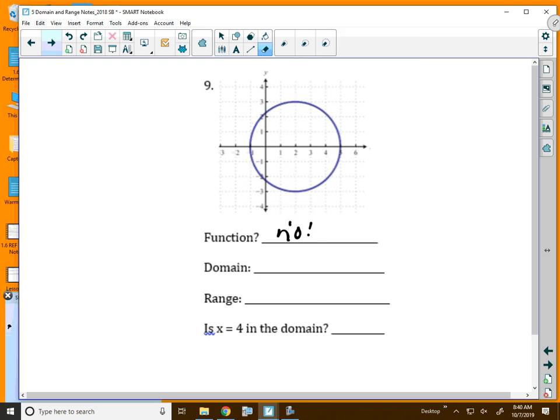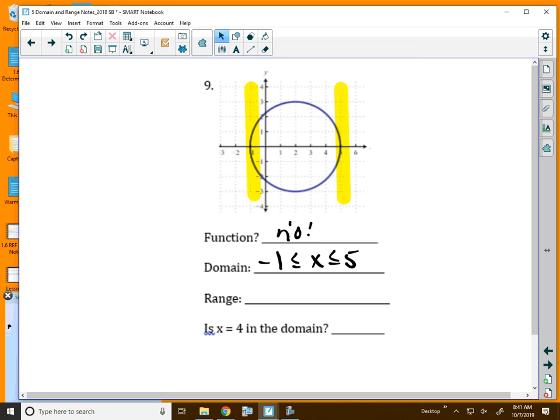So let me grab my highlighter again. Domain: what's my leftmost x value? -4. And it ends at 5. What about my range?